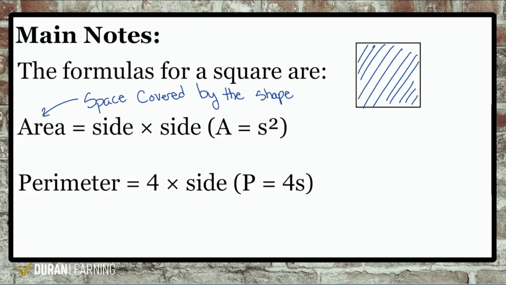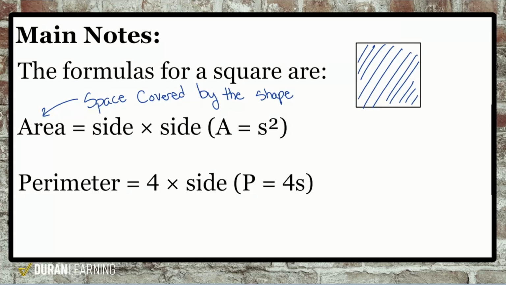And bring it on forward here. Let's review these formulas one more time before moving forward. So my party people, anytime you're asked for a square specifically, for the space covered or the area covered, you'll use this formula here. You'll take the side and multiply it by itself. Side times side. And when it comes to perimeter, hey, well, guess what, everybody? What do we know about all of the sides of a square? That's right. All the sides of a square are equal. They're all the same.